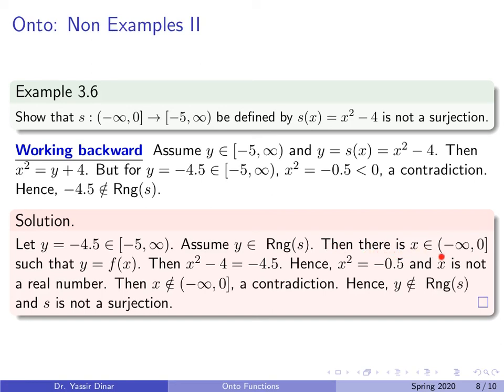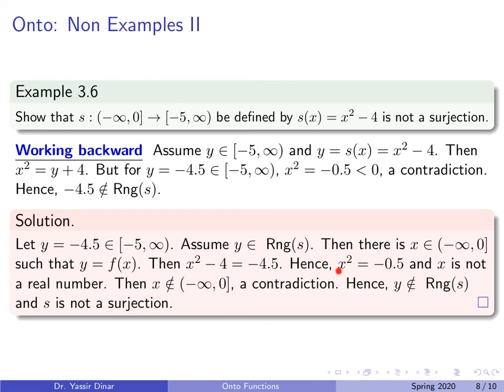And I assume that y is in the range of s. Then we can find x in the domain such that y is equal to f of x. But using the formula for f, that means x squared minus 4 is equal to minus 4.5, and hence x squared is equal to minus half.